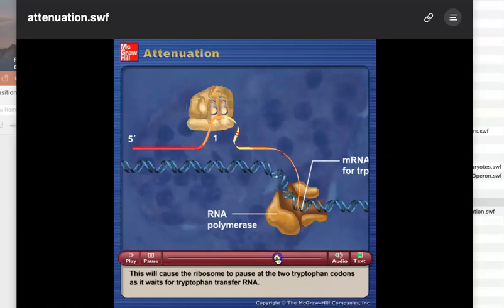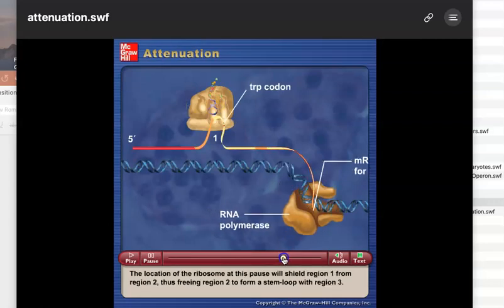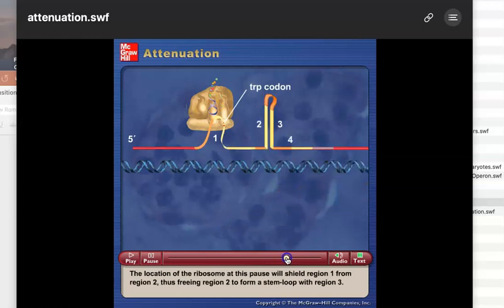This will cause the ribosome to pause at the 2 tryptophan codons as it waits for the transfer RNA, allowing 2 and 3 to form a stem loop. This prevents the formation of the 3-4 stem loop.